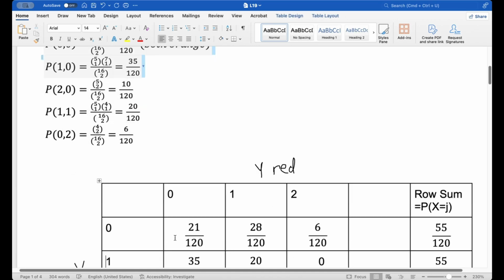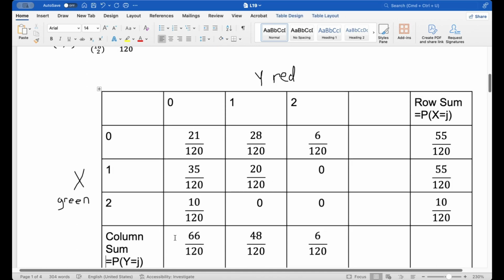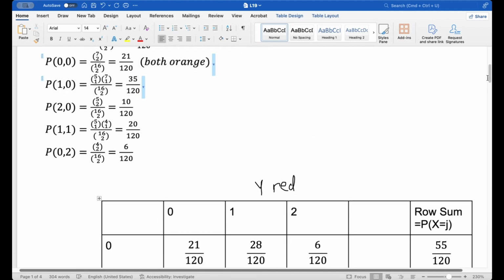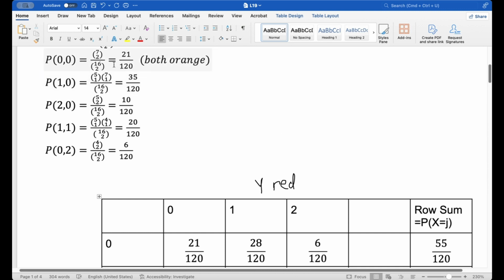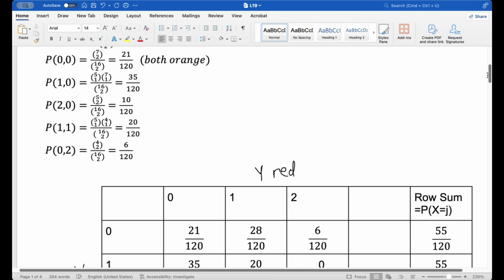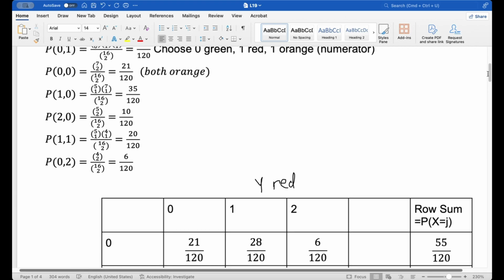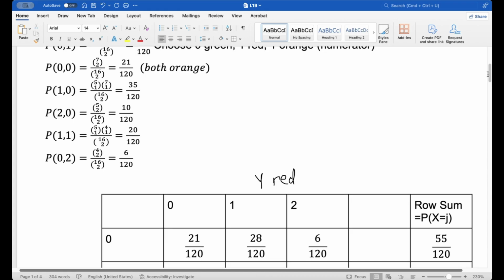So we'll make a chart here for this. We have X in the row and Y in the column. Each of those could be 0, 1, 2. So the probability of both of them being 0 was 21 out of 120. 0, 1 was 28 out of 120 up top there. 0, 2 down at the bottom, that was 6 out of 120.